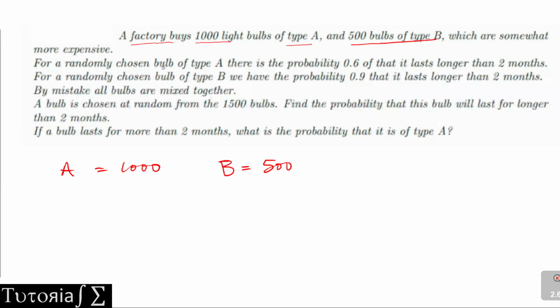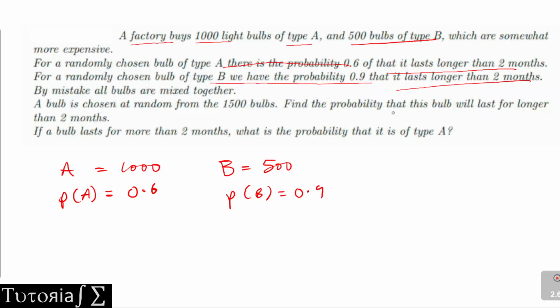For a randomly chosen bulb of type A, there is a probability of 0.6 that the bulb lasts more than 2 months. And for a randomly chosen bulb of type B, there is a probability of 0.9 that it lasts more than 2 months.